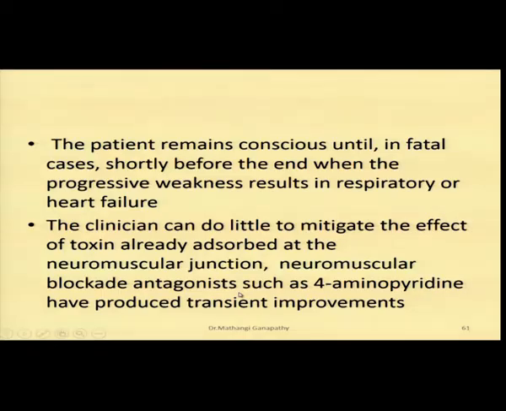Any type of medication is not going to help, and the doctor cannot in any way reduce the effect of the toxin. But if the symptoms are caught initially, maybe the intensity of the symptoms can be reduced a little bit by using neuromuscular blockade antagonists like 4-aminopyridine. But then this is also only transient. This is not complete reversion.